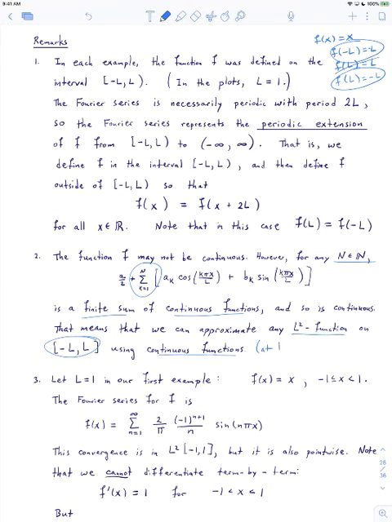So at least in the mean square sense, you can approximate a discontinuous function, any L2 function, using continuous functions. You can approximate in the L2 sense, in the mean square sense, using continuous functions.